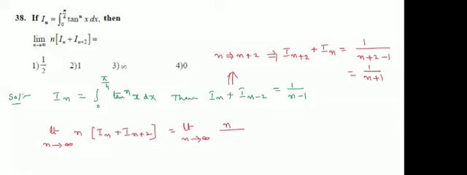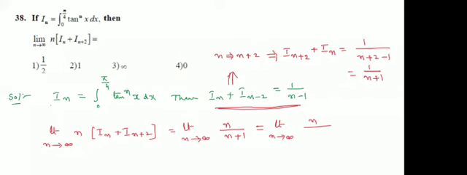Students, did you understand? Actually, this is the original formula: I_n plus I_(n-2) is equal to 1 by n minus 1. But here they are asking I_(n+2), so just replace n with n plus 2. Calculate that, so you will get n plus 1. Now this is limit n tends to infinity. This type of problem we already did in first year.